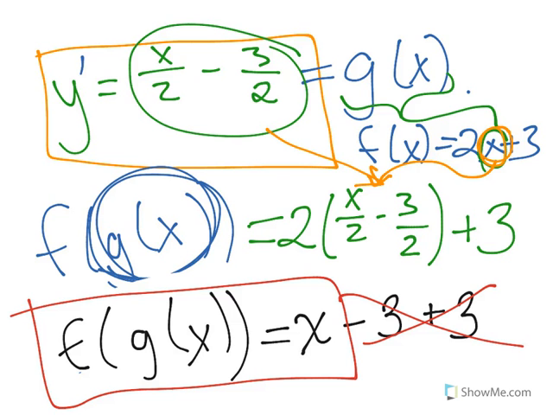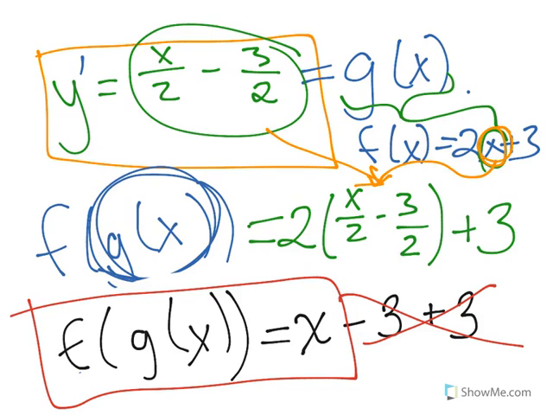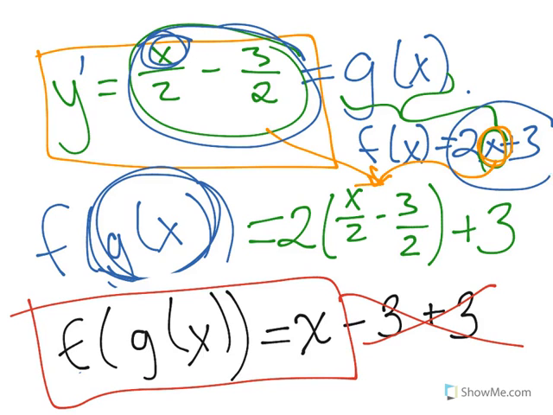And now just to make sure that everything is congruent, let's find g of f of x, and let's make sure that that is equal to x. So we do exactly the same thing. Now instead of having the x right here in g of x, we will substitute it with whatever f of x is.